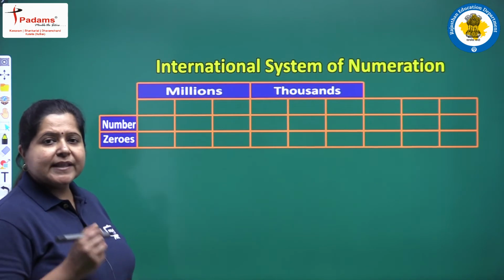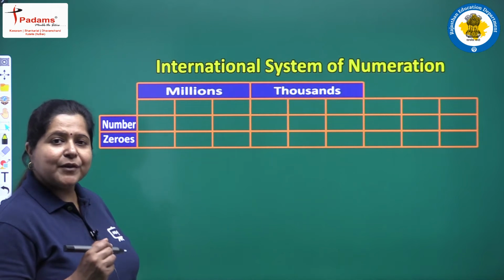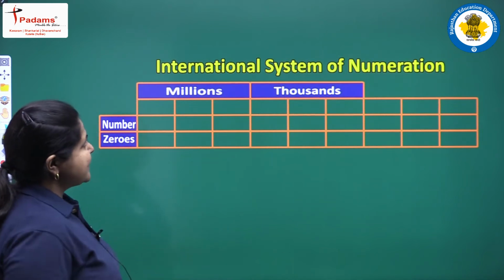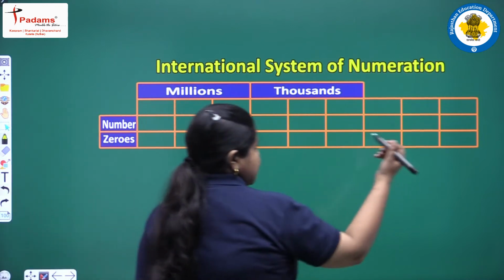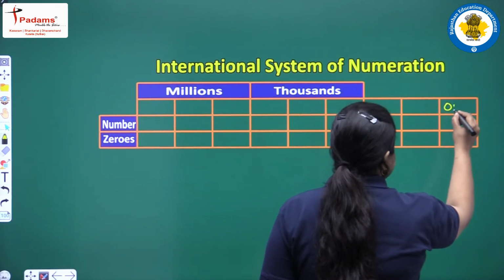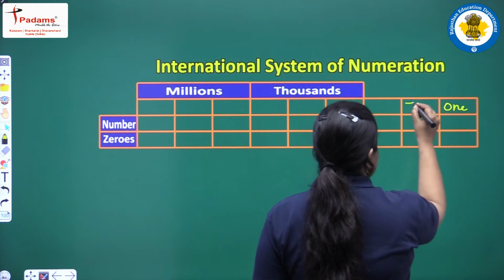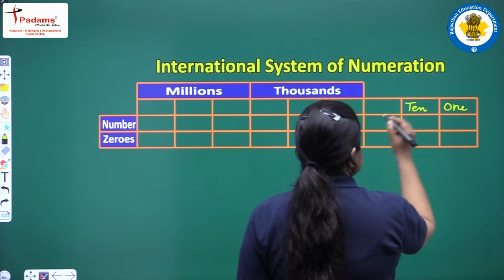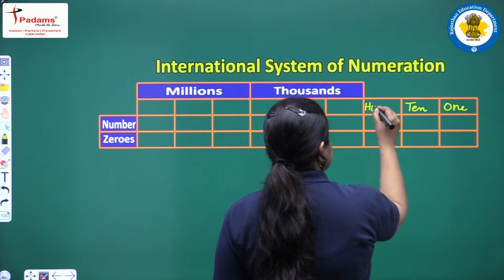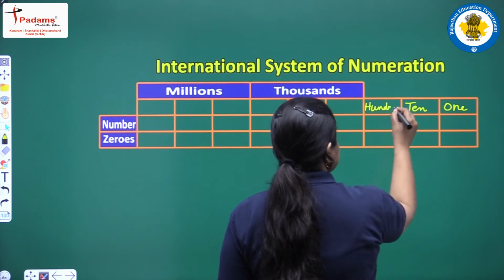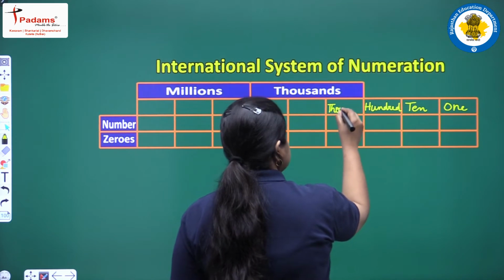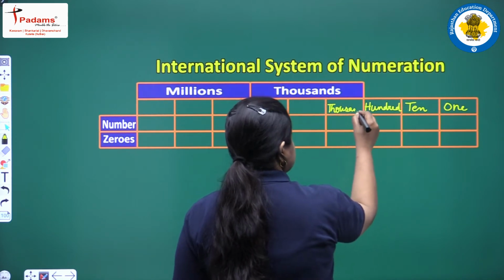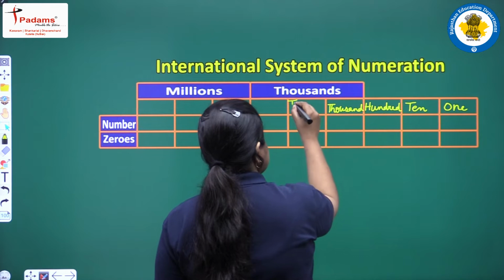Next we introduce the international system of numeration. Yes, this is the international system of numeration. We start from the right hand corner with the ones place, then the tens place, then the hundreds place value, then the thousand place value, again 10,000.